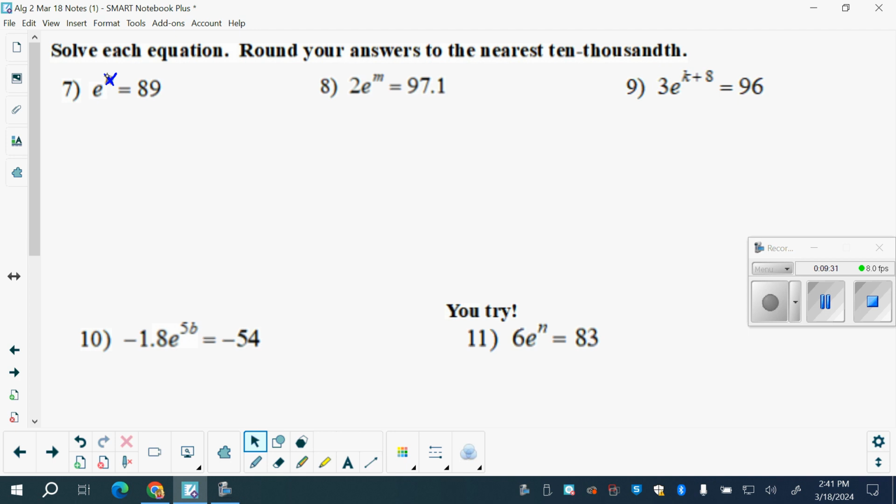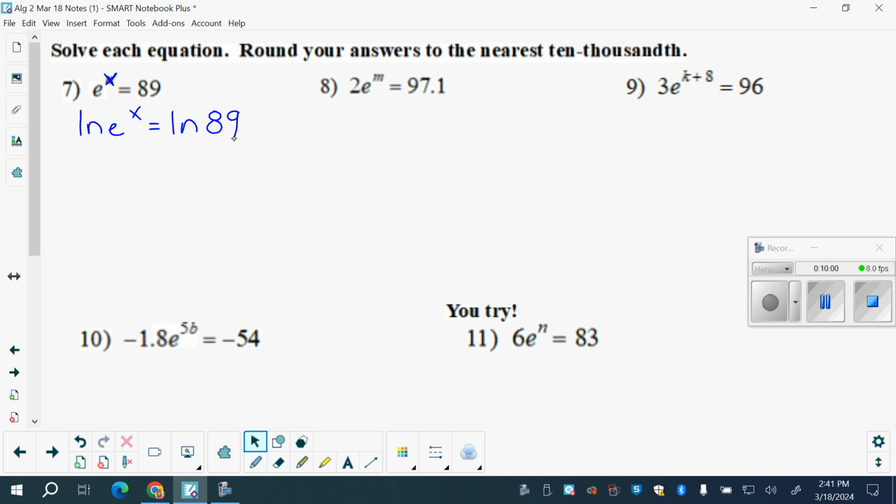So we have an e here. Which do you think would be faster, if we do the natural log of both sides or the log of both sides? Natural log is going to be faster, and I'll show you why. So we did that so that we could move that variable where?